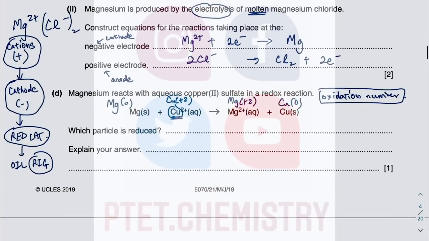All right. Which one is reduced? Reduction is also defined as a decrease in oxidation number. So decrease, going from +2 to 0 is a decrease. So copper 2 plus is reduced. Okay, or you can say copper 2 plus aqueous is reduced. All right. So the oxidation number of copper decreases.